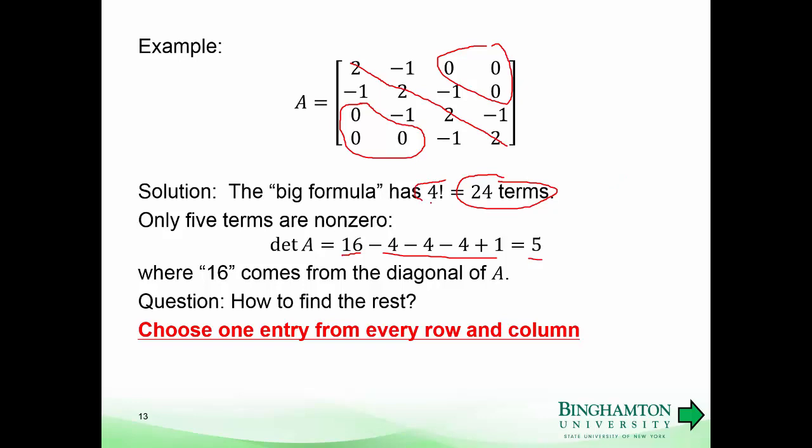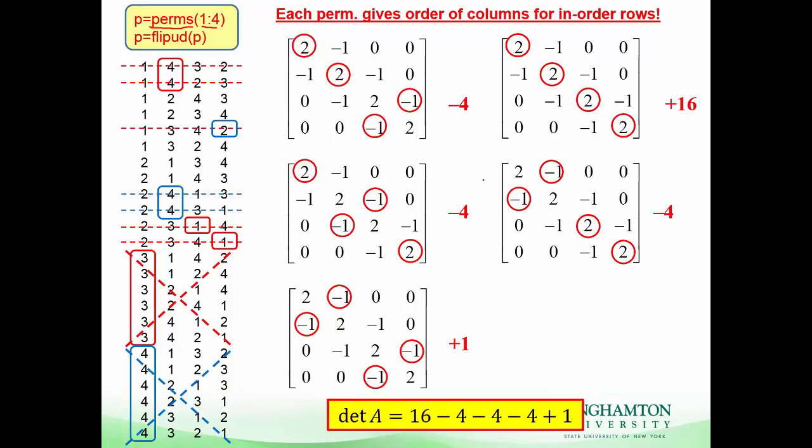That's 4 factorial. If we come over here and you look, this array of numbers is the result of running that perms command. I did one other command, and this is a cool command to know about. It's called flipud, or the best way to think about it is flip up down. There's a related command called fliplr, flip left right.